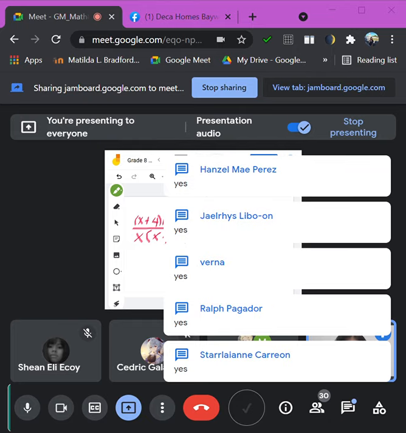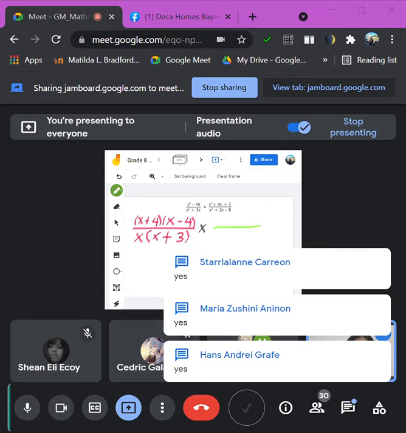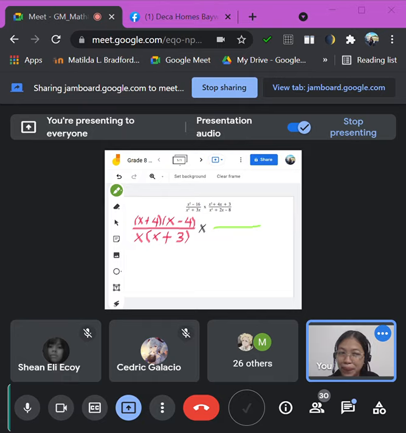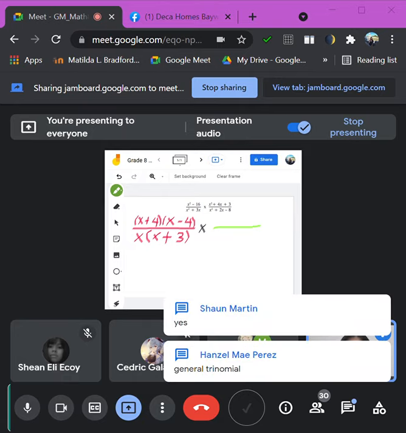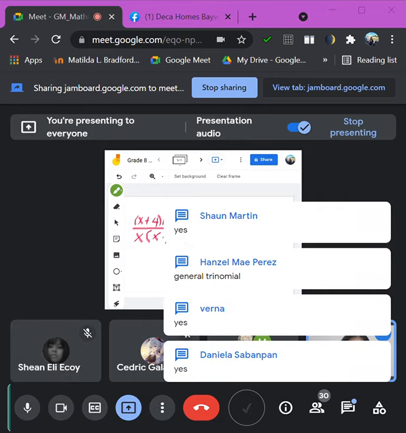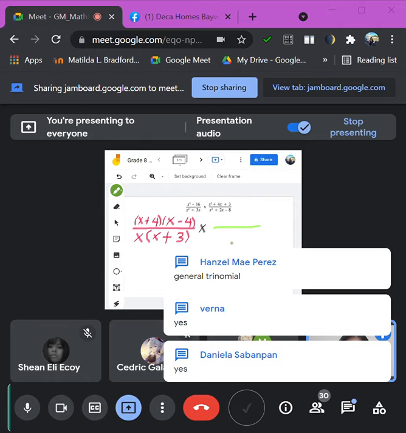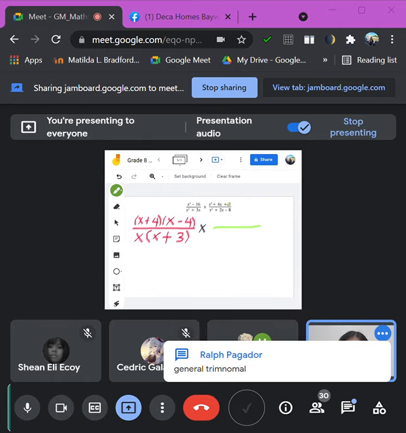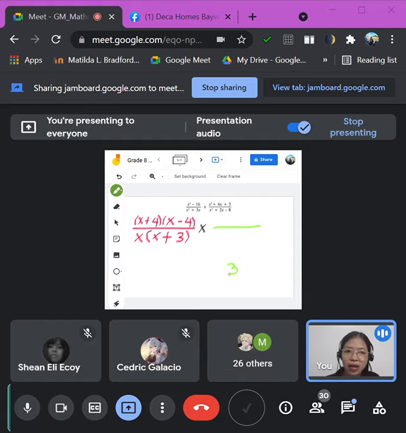Very good. So, unsa man ni siya nga factoring, class? We can do general trinomial, right? Okay. Yes. So, unsaon nato pagkuha nga tong general trinomial, di ba? Ang tan-aw nato is ang iyahang last term. So, that is 3. So, what are the factors of 3?